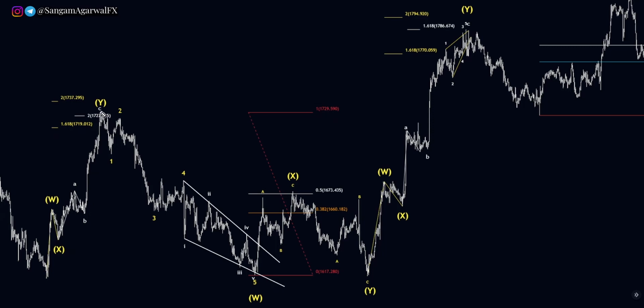Then let's start wave counting from this top to bottom, and we have the first impulsive wave 1, then correction wave 2, then third impulsive wave 3, and fourth corrective wave 4, and now we go into the fifth impulsive wave.